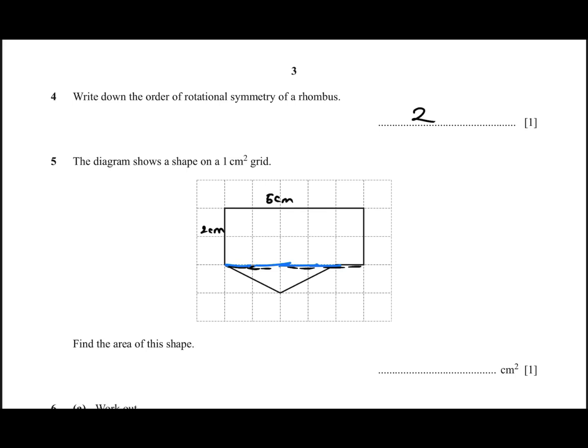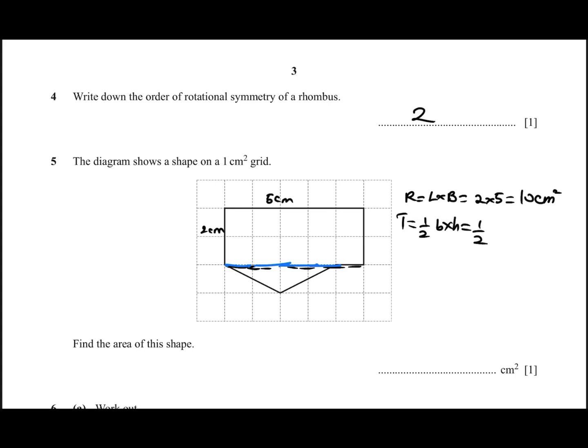So we can actually simplify it in a way. For the rectangle, the area is length times breadth, which is 2 times 5, which is 10 cm squared. For the triangle, let me just call it T, it is half base times height.